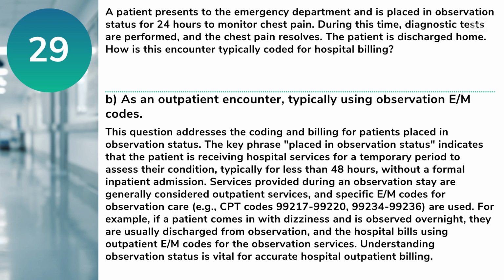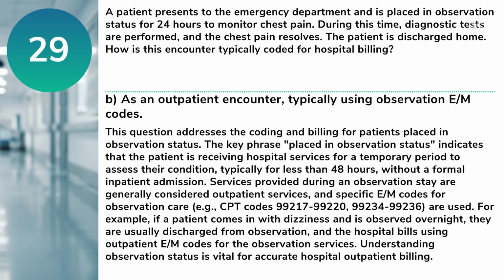This question addresses the coding and billing for patients placed in observation status. The key phrase "placed in observation status" indicates that the patient is receiving hospital services for a temporary period to assess their condition, typically for less than 48 hours, without a formal inpatient admission.